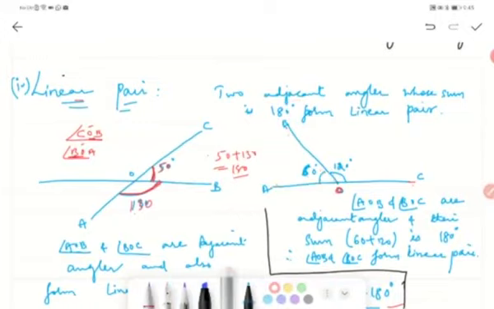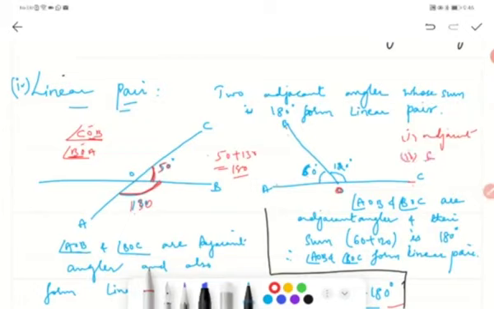If you want to know whether it is a linear pair or not, what is the condition? At first, the two angles should be adjacent to each other, and their sum should be 180 degrees. Okay, the first thing is what? It should be adjacent. Okay, and the other thing is what?